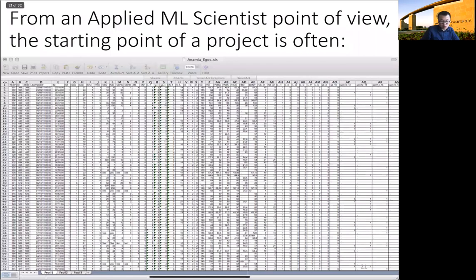In reality, if you join a company and work on a machine learning project, the typical situation before you come up with an agent to interact with user data is that you're given a big data set already.